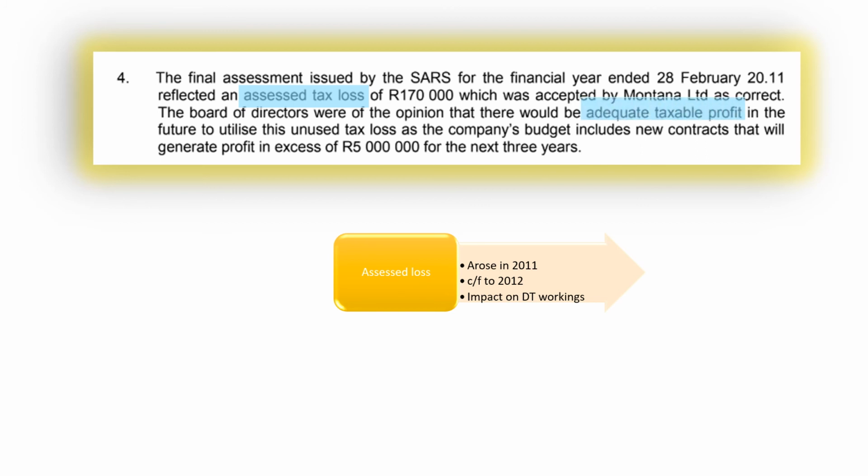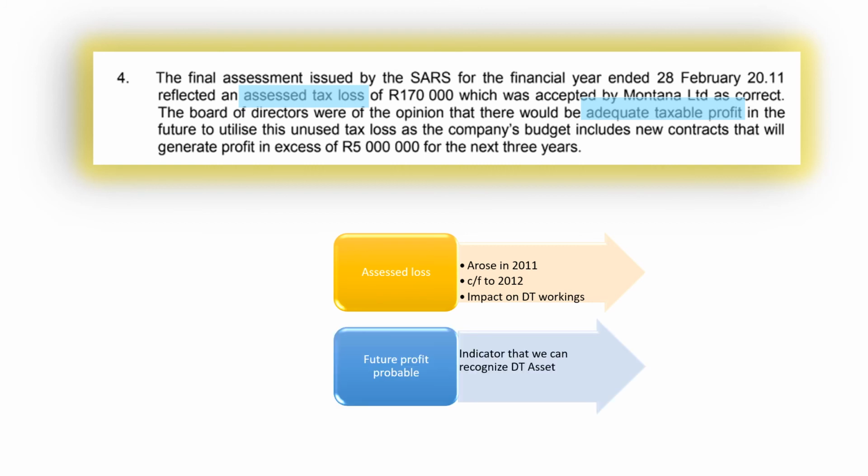The second point about there being adequate taxable profit merely indicates to us that we can and we are able to recognize deferred tax assets.